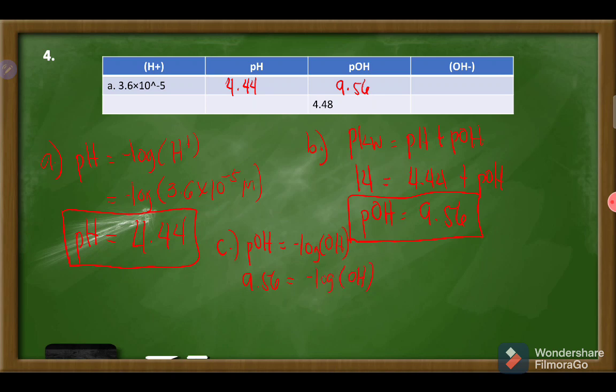Now, if you can remember the shift log, the OH value is the anti-log of negative 9.56.